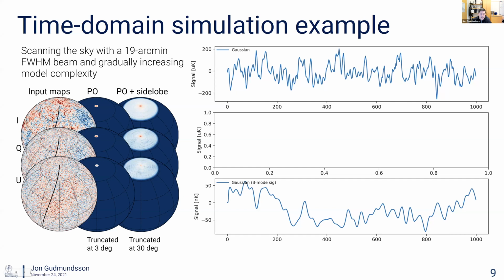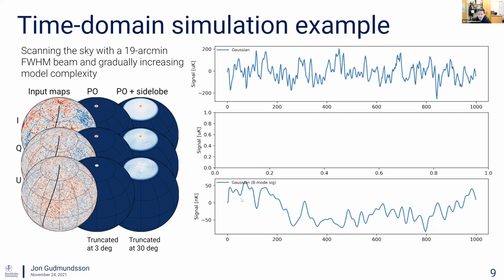And this is a 19 arc-minute beam, roughly speaking, in terms of size. What's being shown in these panels is a Gaussian approximation of this beam. And the fact that this goes from -200 to +200 is just representative of the fact that the primary anisotropies have an RMS of roughly 200 or 300 microkelvin.